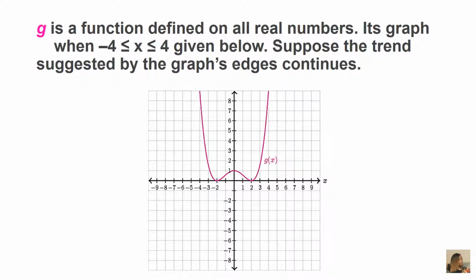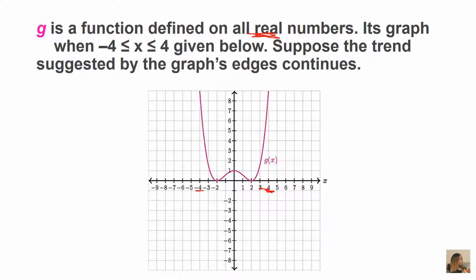So g is a function defined on all real numbers, which we just briefly covered. Its graph, when x is between -4 and 4, is given below.